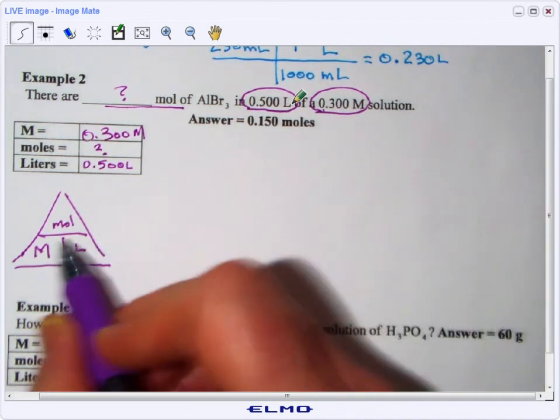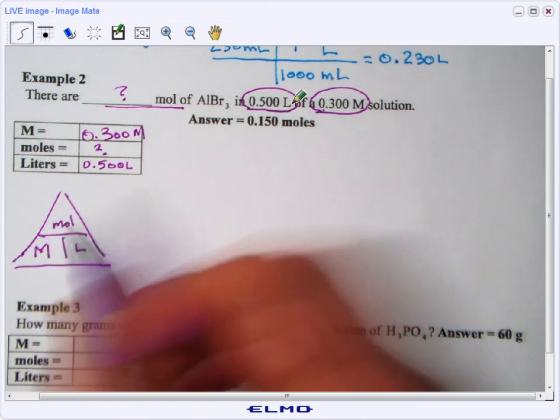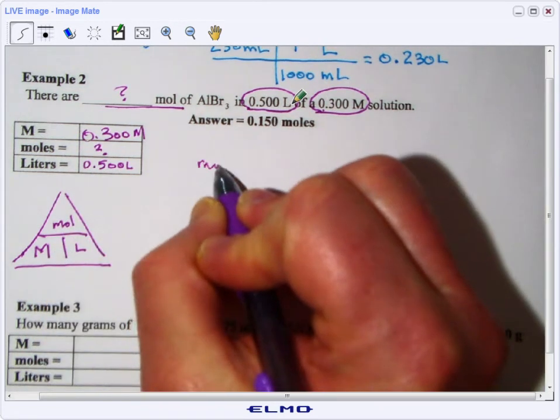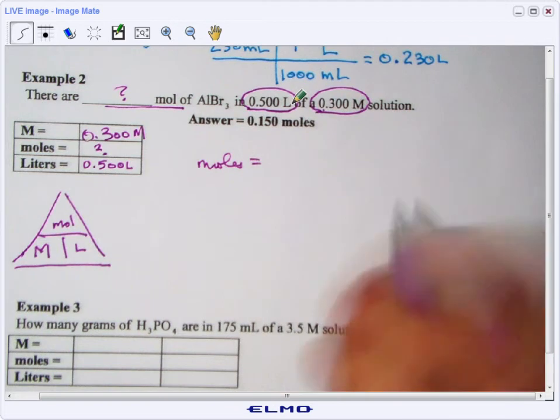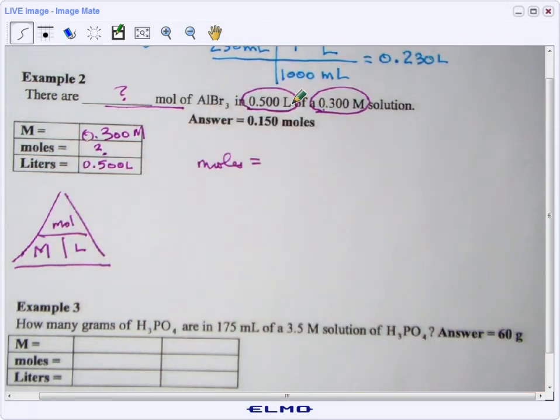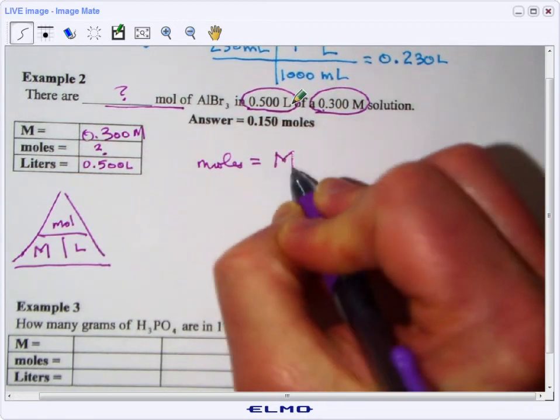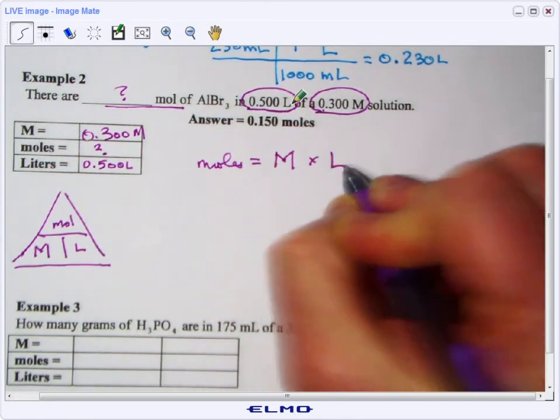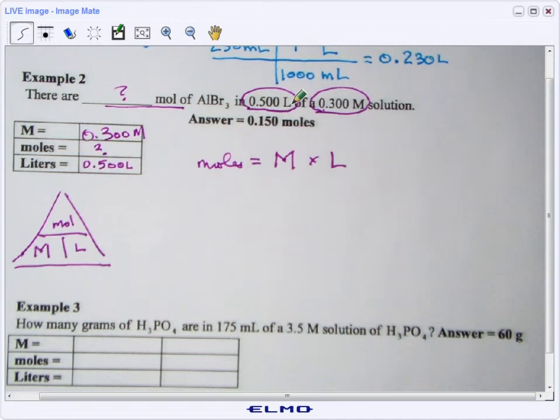So if I'm trying to find moles, all I have to do is cover up moles, and it's going to be what? You're going to multiply those two things. So it's going to be big M times big L, liters.